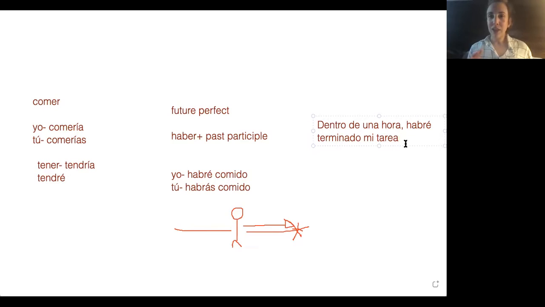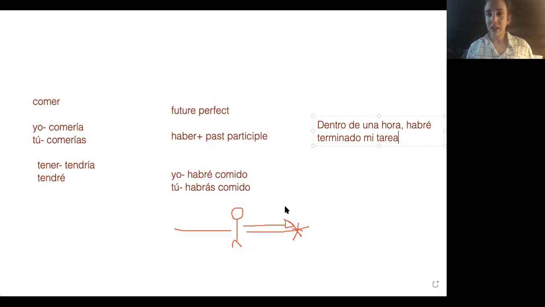We use that a lot with dates, like for example in 2022 I will have graduated. In a week. So we use a lot dentro de, en el año 2022, antes de, right? Before that, I will have done this.